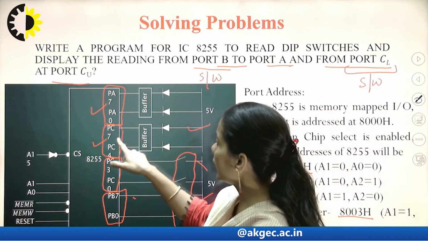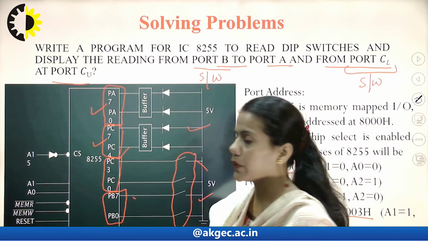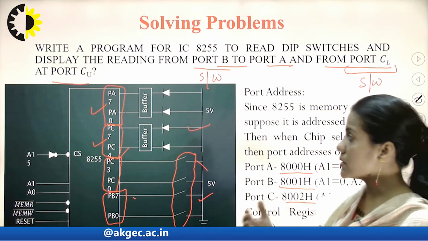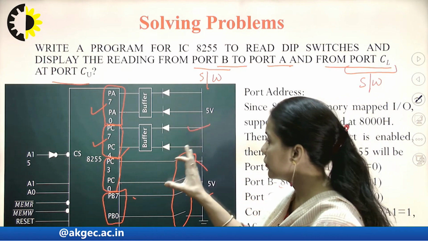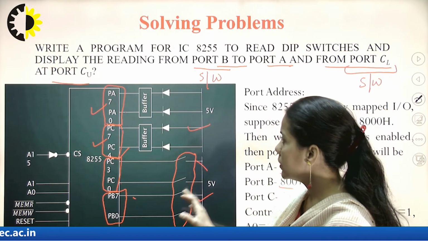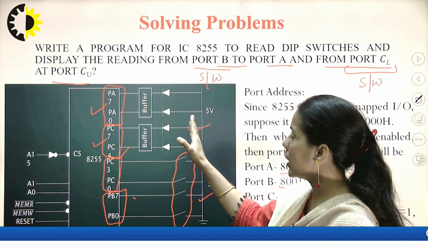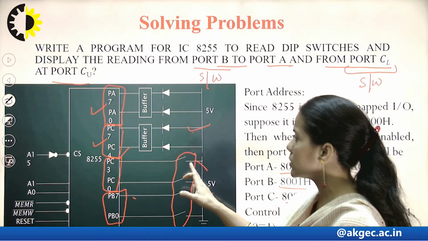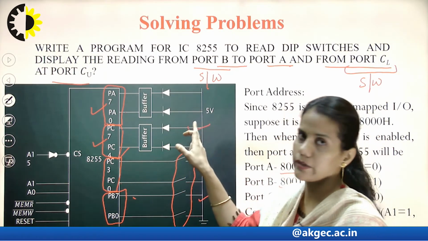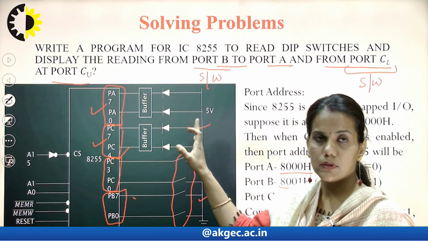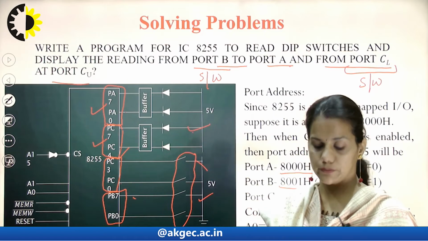Port A and port C upper are the outputs because they show the status of the switches with the help of these LEDs. Whatever data is read from the switches is reflected on the LEDs. So here LEDs are the outputs.